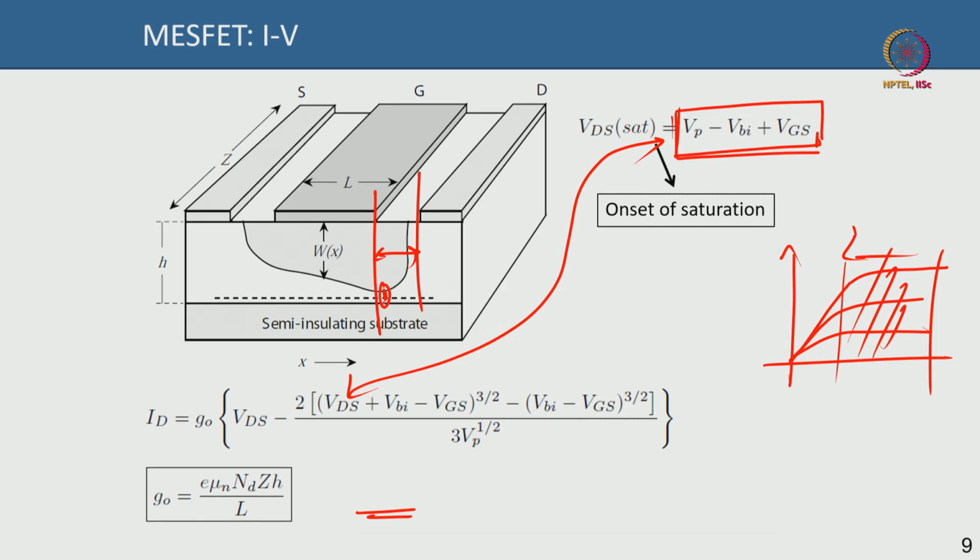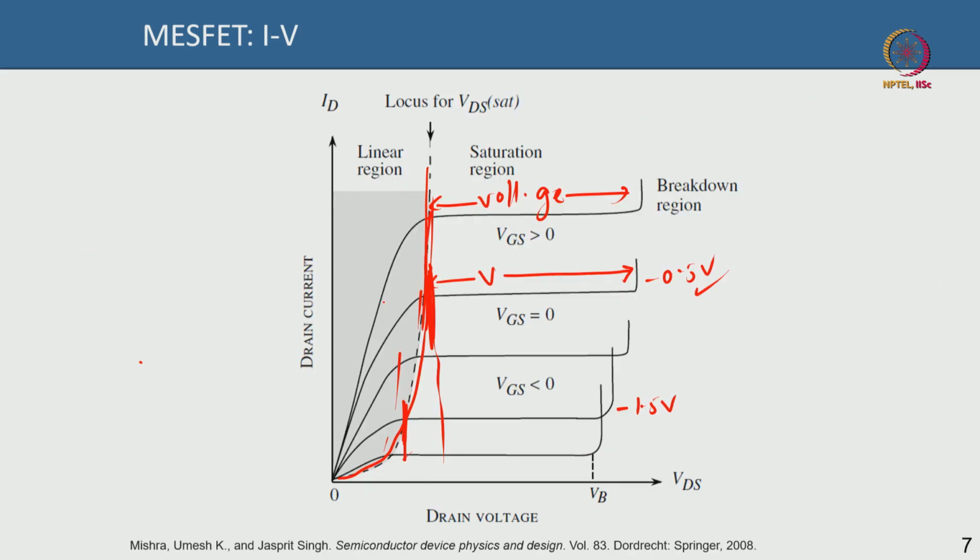Okay. So, this is how the IV characteristics look, and this is the output characteristics of the device. As I told you, the transfer characteristics is basically ID versus Vg, in which case at some negative voltage the current will turn on and it goes like that.